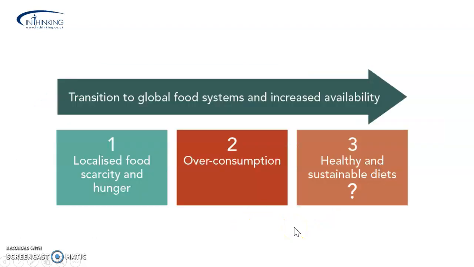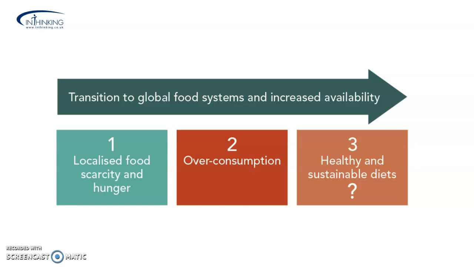So when we think about changing diets within middle-income countries, there is significant change. I think this is an interesting model where countries in the developing world maybe are based around localized food, staple food. There's maybe a scarcity of food, certainly in rural areas, and food insecurity and hunger.